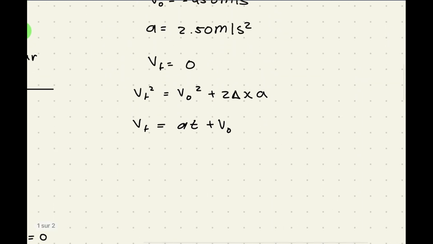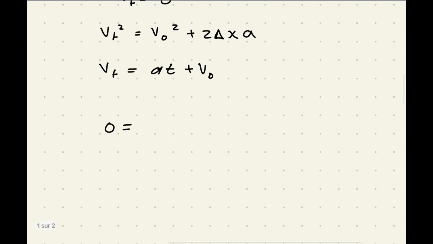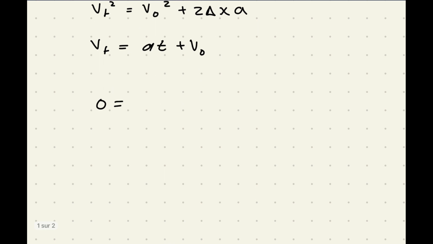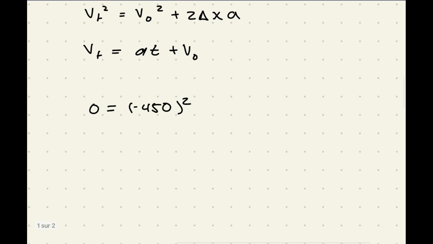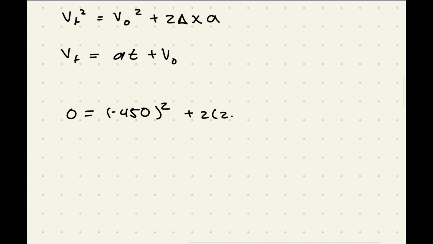So our final velocity is equal to 0, and our initial velocity is negative 450 squared, plus 2 times the acceleration, which is 2.5.